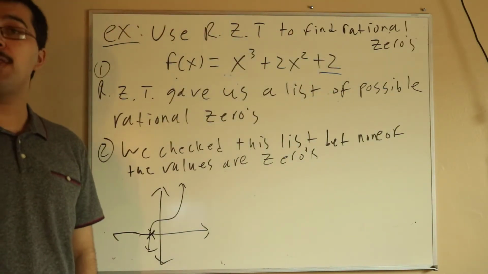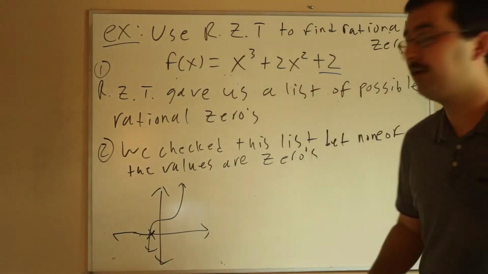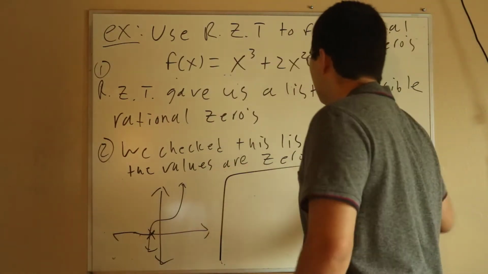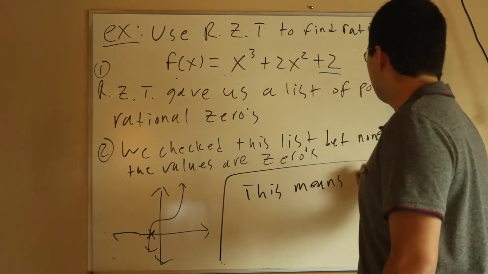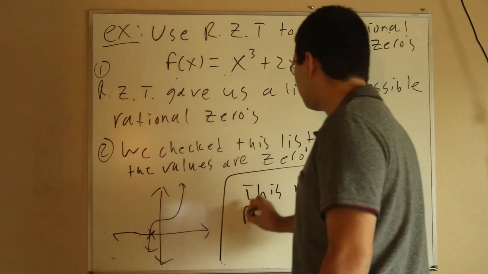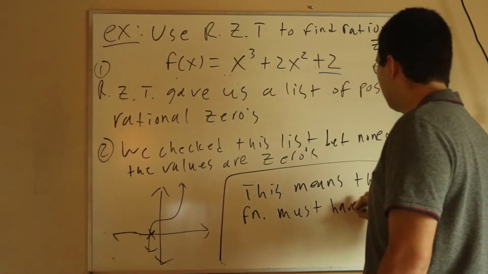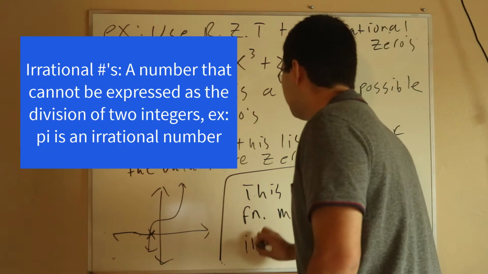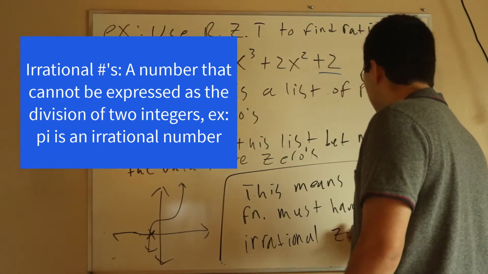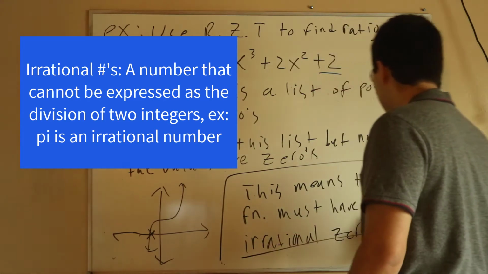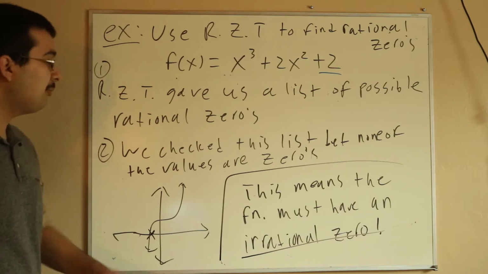What this means together is that the function must have an irrational zero.